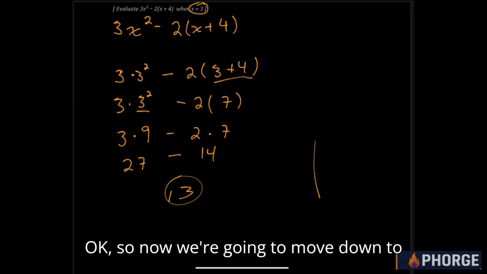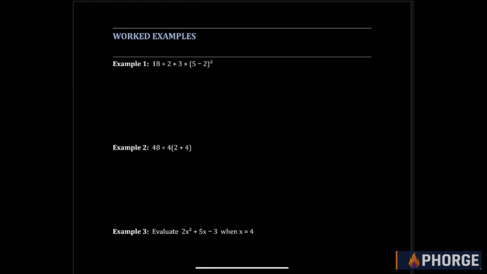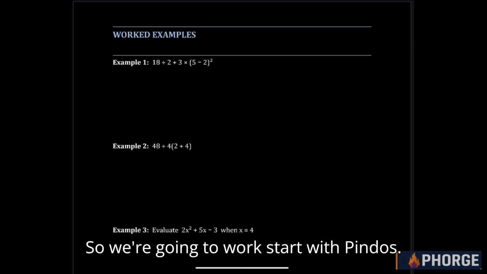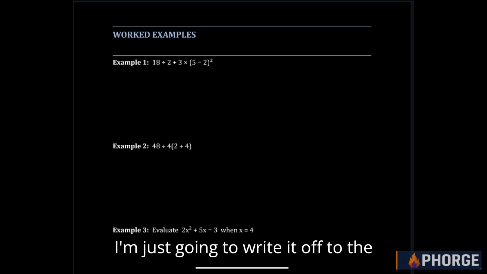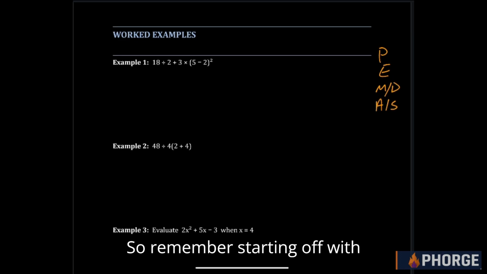Okay, now we're going to move down to some worked examples. First, we have this first expression. We're going to start with PEMDAS. I'm just going to write it off to the side here. Remember, starting off with parentheses.